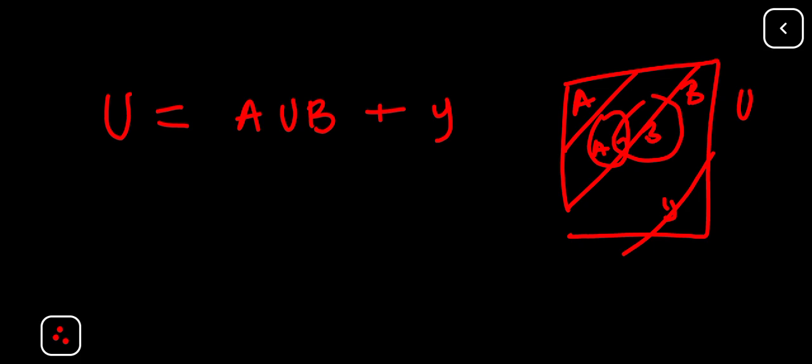It is the union of A and B plus the value outside A and B. That is where A union B is not equal to the universal set. But when there is no value outside A and B, then the universal set is equal to the union of the two sets. We're going to be solving problems on that and you'll understand better.